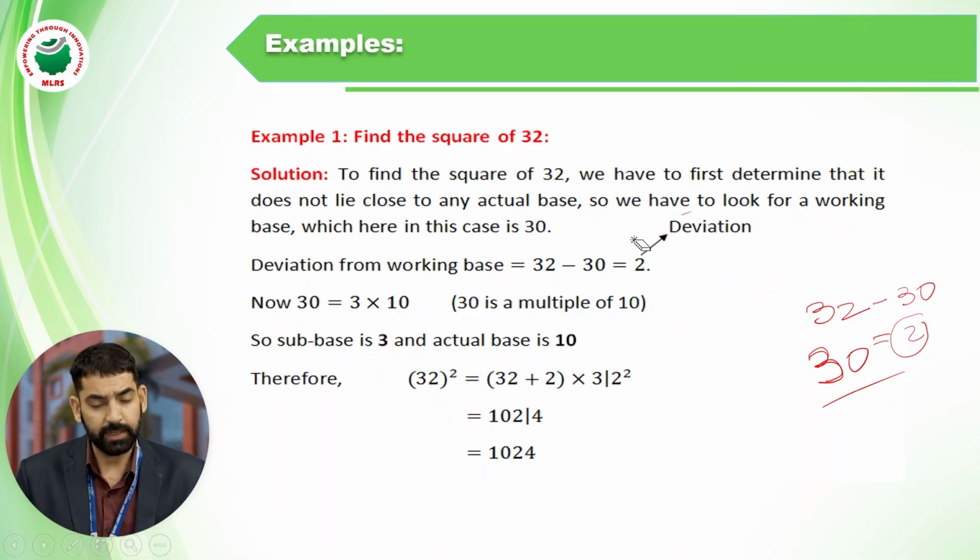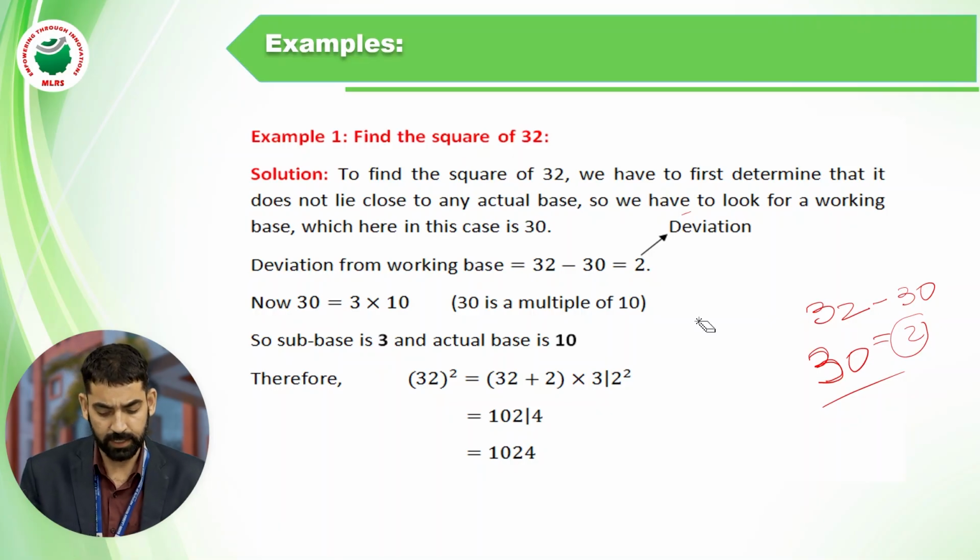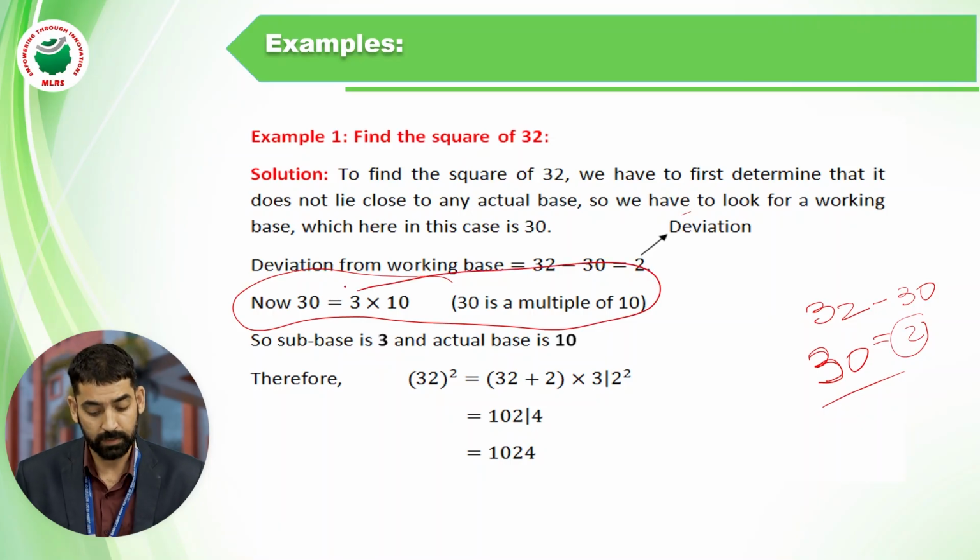Now 30 can be written as 3 into 10. That is, 30 is a multiple of 10. Here you can see clearly on our screen that 30 can be written as 3 into 10. That means in this case, 3 is the sub base and 10 is the actual base. Now there are 3 important points you need to remember.